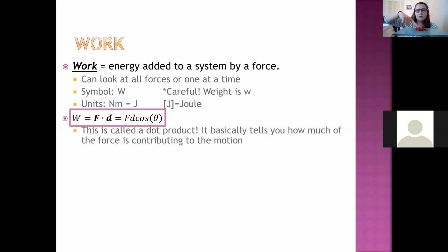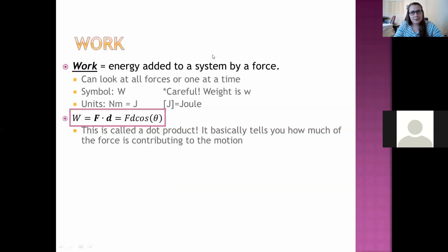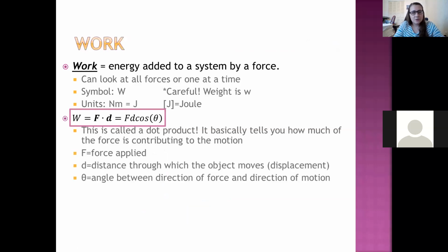So this angle then, right here, between the force that I'm applying and the displacement, that is the cosine of our angle. It's kind of bizarre to think about, but hopefully as we do some of these examples, it'll make a little bit more sense. So in this equation, F is the force that's applied, or any force that we are looking at for that specific scenario.